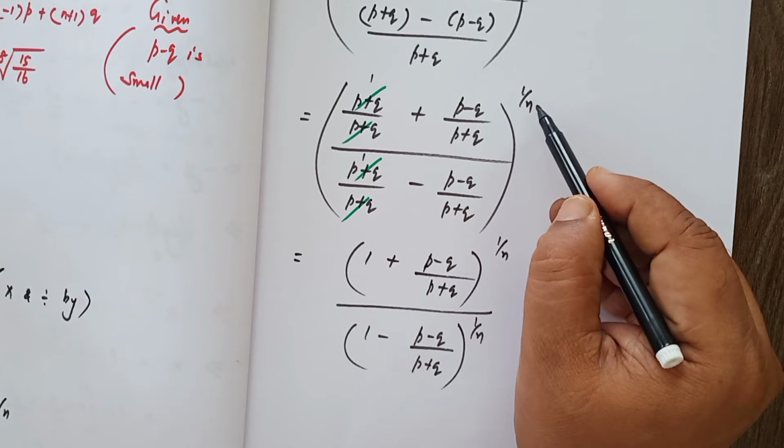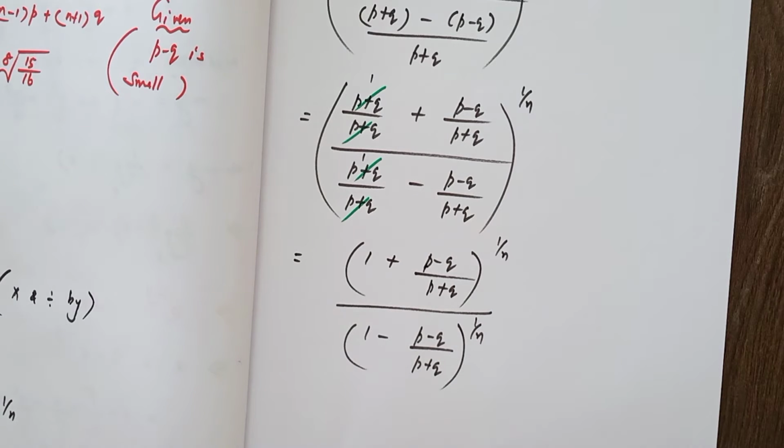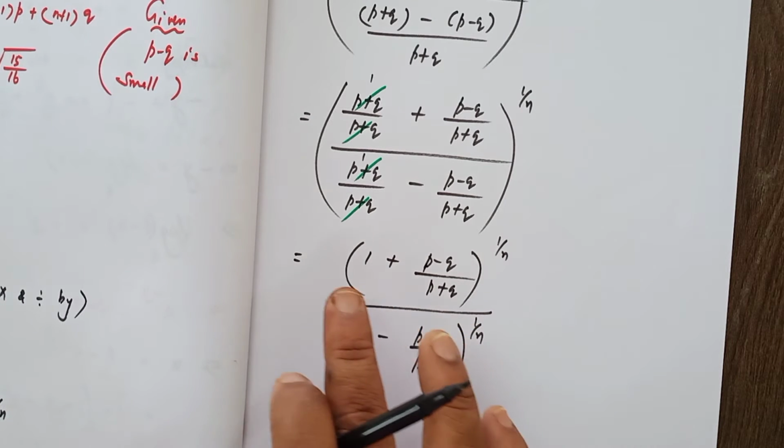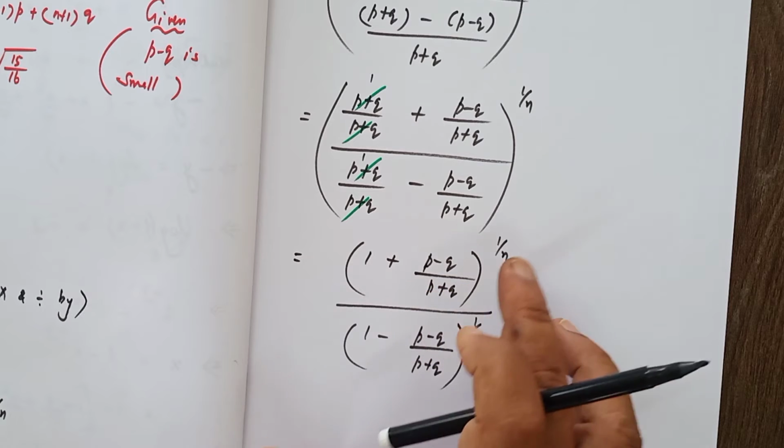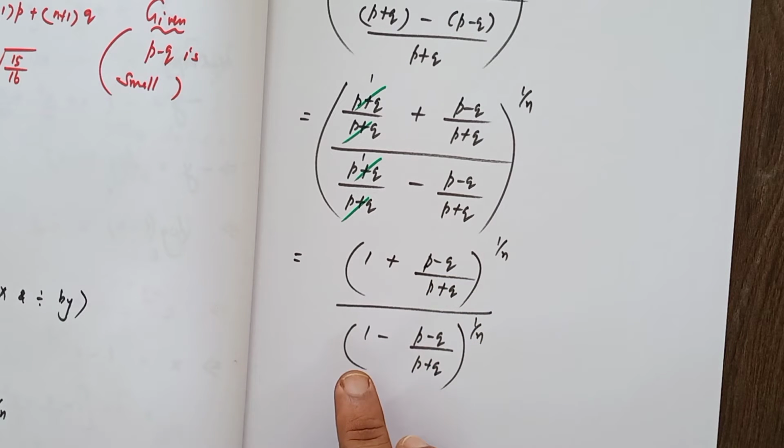The 1 by n is common for the numerator as well as the denominator. So this is of the form 1 plus x power n, and this is of the form 1 minus x power n.